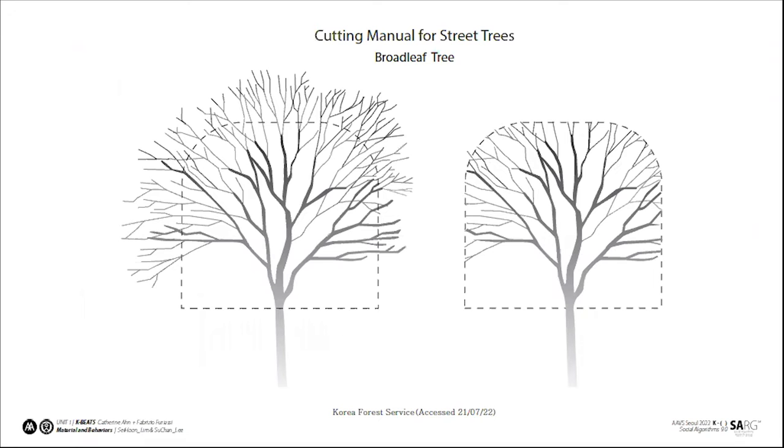The reason is that street trees have limits in growth because of the limited space they are planted in, and because they are cut in shape so that the street could look nicer.